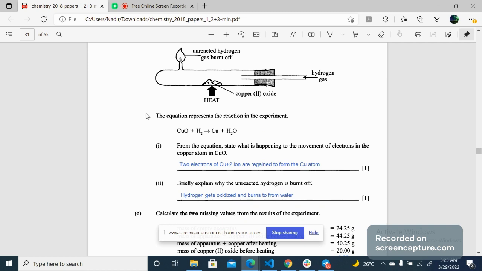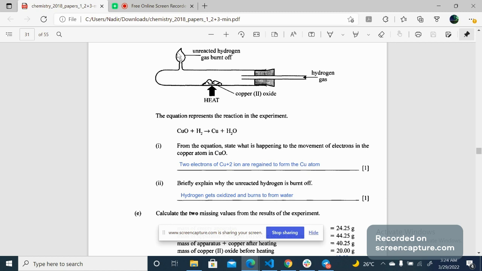So this is why, even though this hydrogen does not necessarily react with copper 2 oxide, it's still getting burned. Why? Because it is reacting with oxygen. When this unreacted hydrogen is reacting with oxygen but not with copper 2 oxide, it will burn.